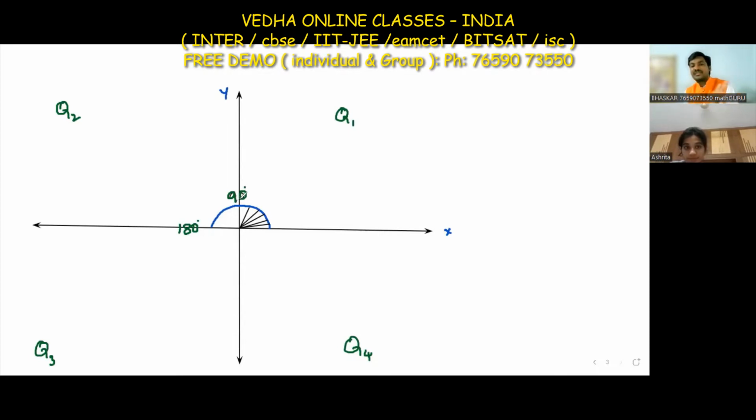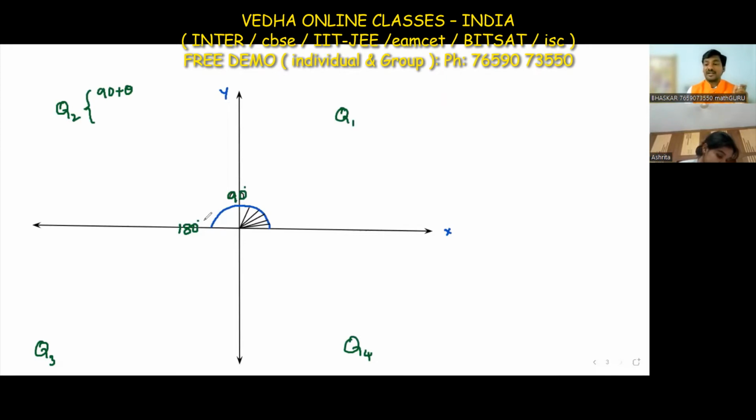If the angle is exactly 90 degrees, it lies on the y-axis. If it is more than 90 degrees, that means 90 plus theta. What is theta? It may be 10 degrees, 30 degrees, 45 or 60. Whatever the angle for theta, 90 plus theta is more than 90. 90 plus 10 is 100, 90 plus 30 is 120, 90 plus 45 is 135, and these are in the second quadrant, up to 180.